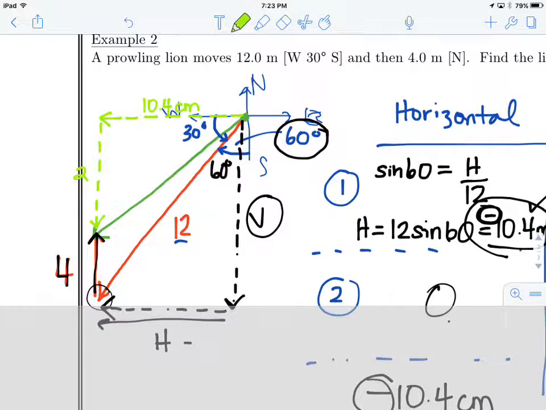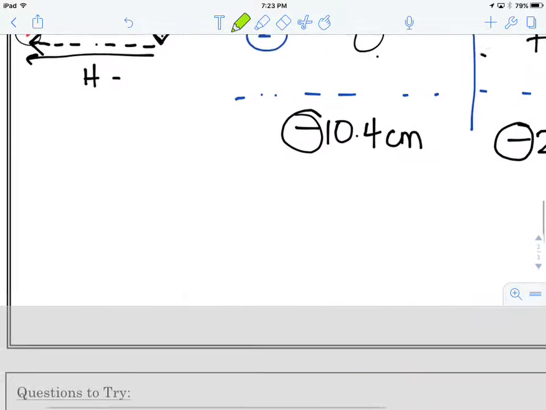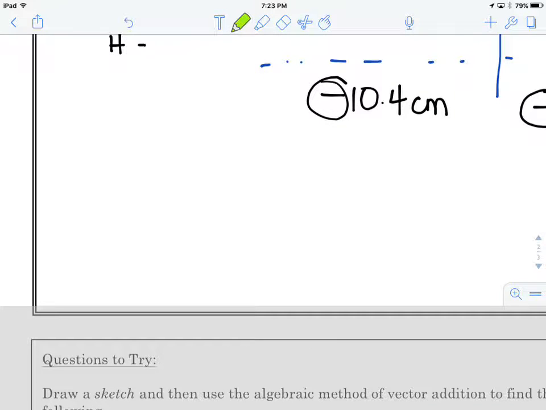And now you can see, oh, holy cow, I have 2 legs of a right angle triangle. I can now put them back together and I will be able to find my overall triangle. So here's what I've got. I'm just going to redraw this. 10.4 centimeters here, and I've got 2 centimeters here.